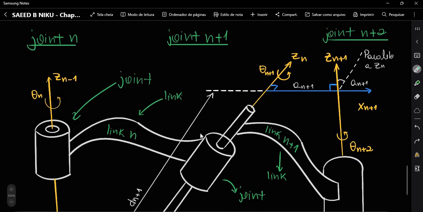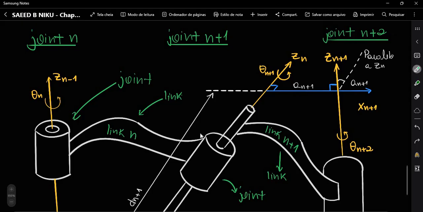Xn plus 1, we are attributing this axis on the same direction as An plus 1, and the axis Zn plus 1 we are attributing on the same direction as its rotation, which is theta n plus 2.